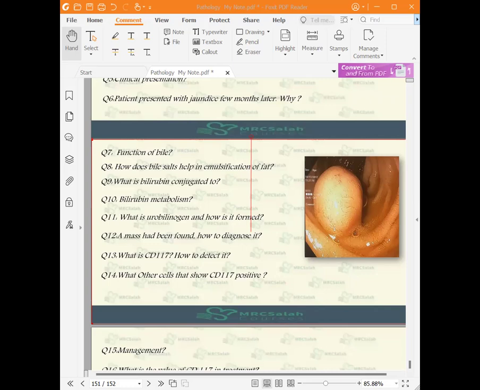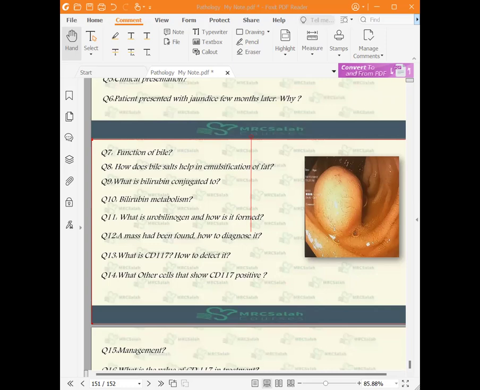Bilirubin metabolism. Bilirubin is conjugated in the liver by glucuronyl transferase, then secreted with the bile and enters the second part of the duodenum.